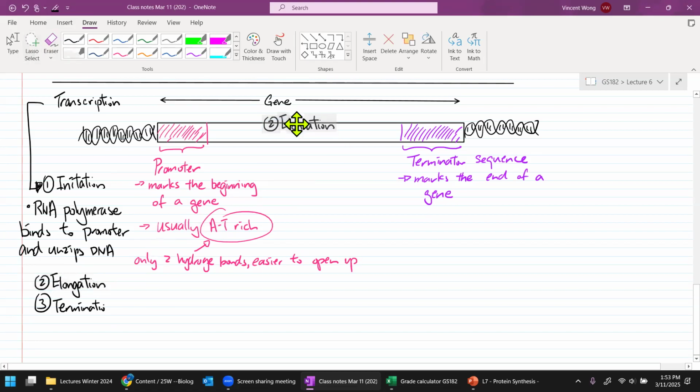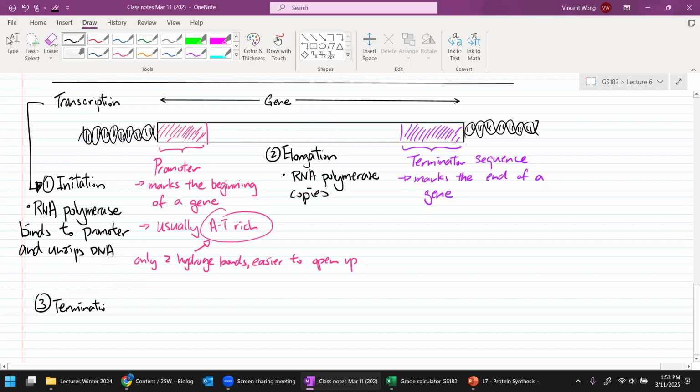And then number 2 is the elongation. I'll explain that part in more detail soon. And number 3 is termination.